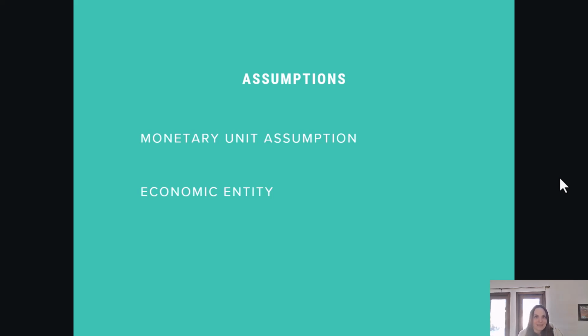But we only see that when another entity purchases either another entity or the assets of another entity. So that's when we see it, during a purchase. But in general, we use the monetary unit assumption to say, if we didn't buy it for a specific dollar amount, we're probably not going to record it. Okay?